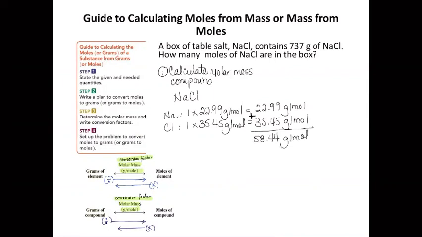So once you have calculated the molar mass for your compound, now you are set up to do the problem. So we write the amount given, 737 grams of NaCl. Then utilizing dimensional analysis, because I want to cancel the grams unit, I'm going to put in the bottom 58.44 grams of NaCl. And on top, what that equals to, which is 1 mole of NaCl.